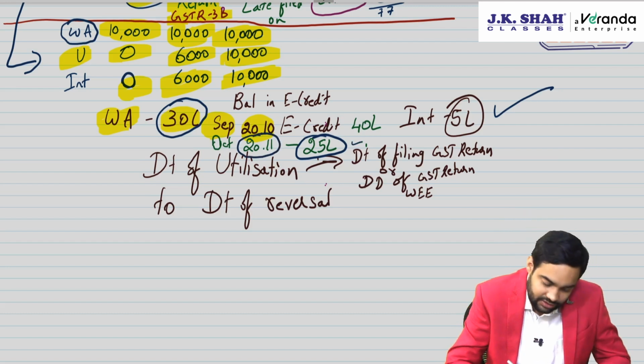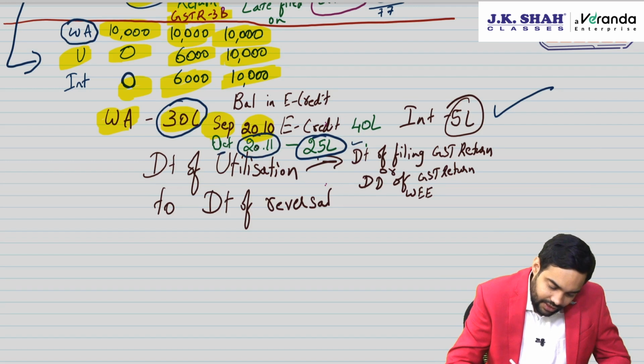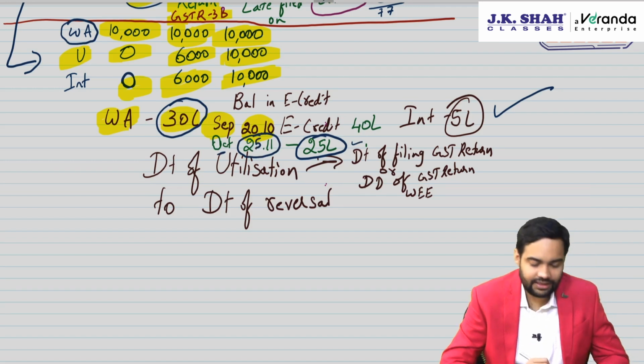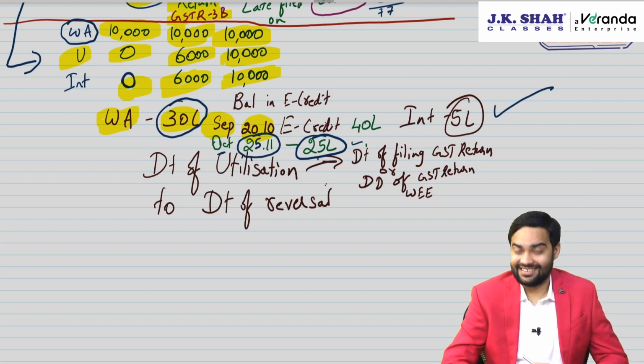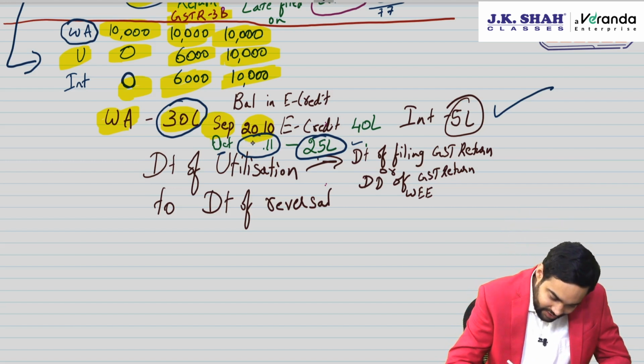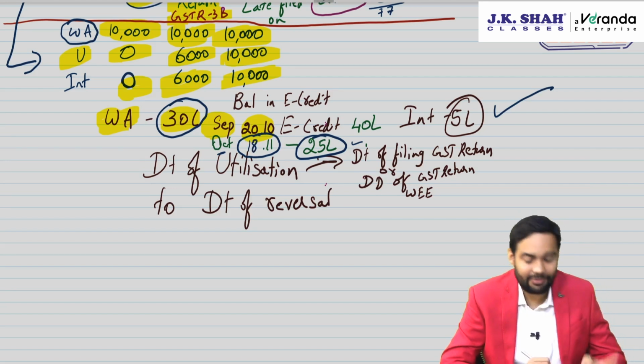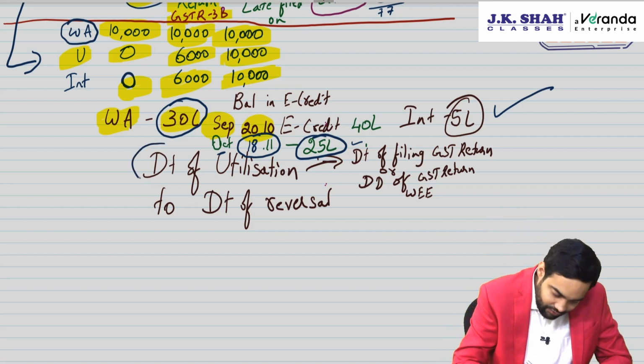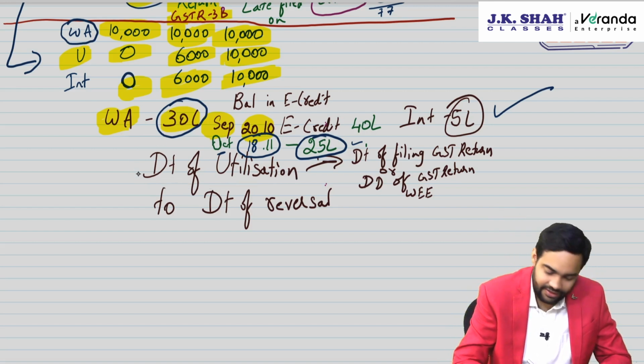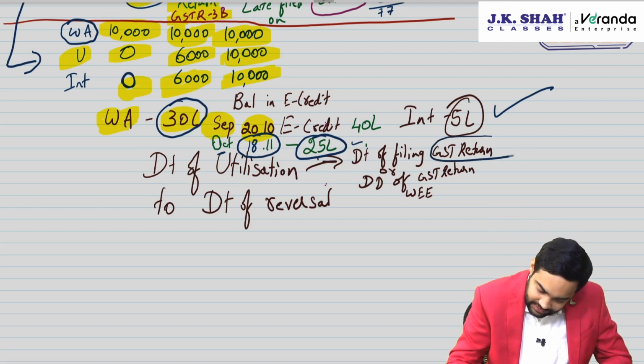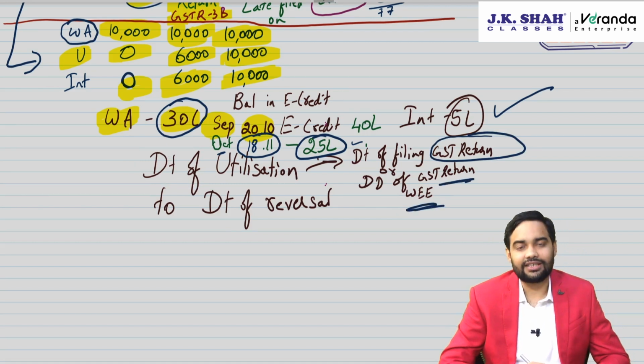Now suppose the October return I filed on 25th. Then interest will apply from 20th. If I file the October return on 18th, then interest will apply from 18th, because date of utilization is also defined: date of filing GST return or due date of filing GST return, whichever is earlier.